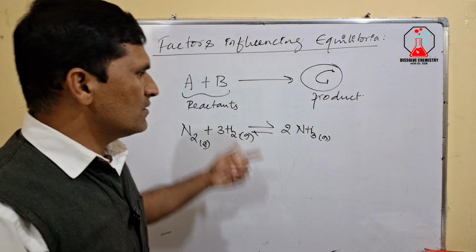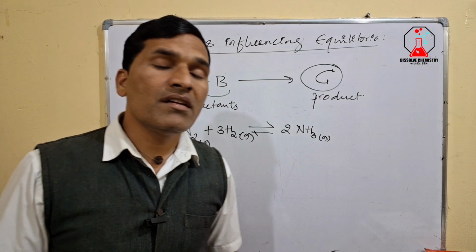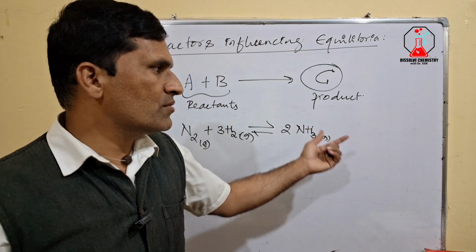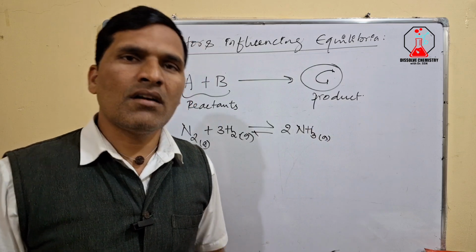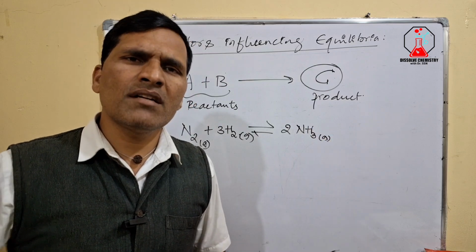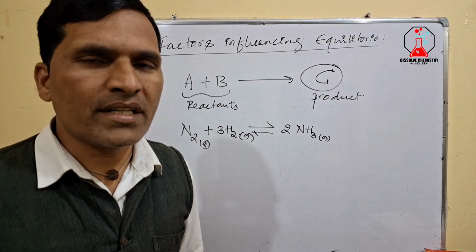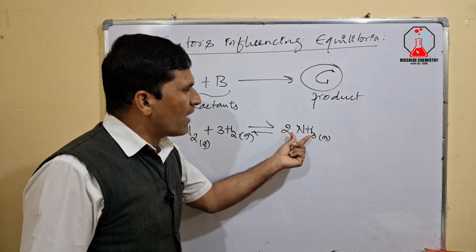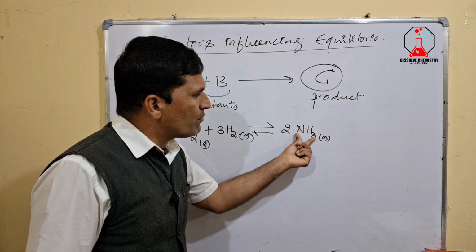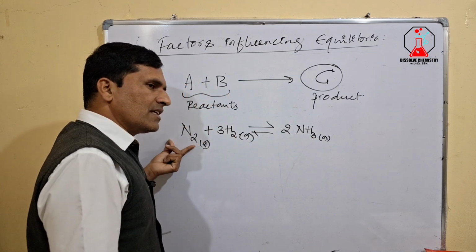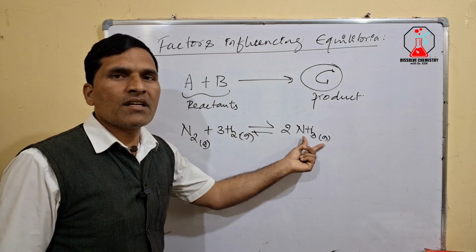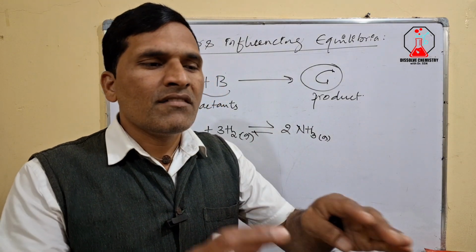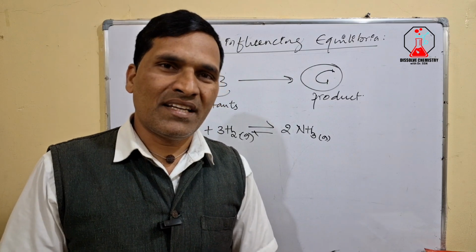Ammonia is needed in millions of tons every year because it is used in the manufacturing of nitrogenous fertilizer, and it is an industrially important chemical. As it has the tendency to decompose back to the reactants, it is very difficult to get more and more ammonia with less expense.